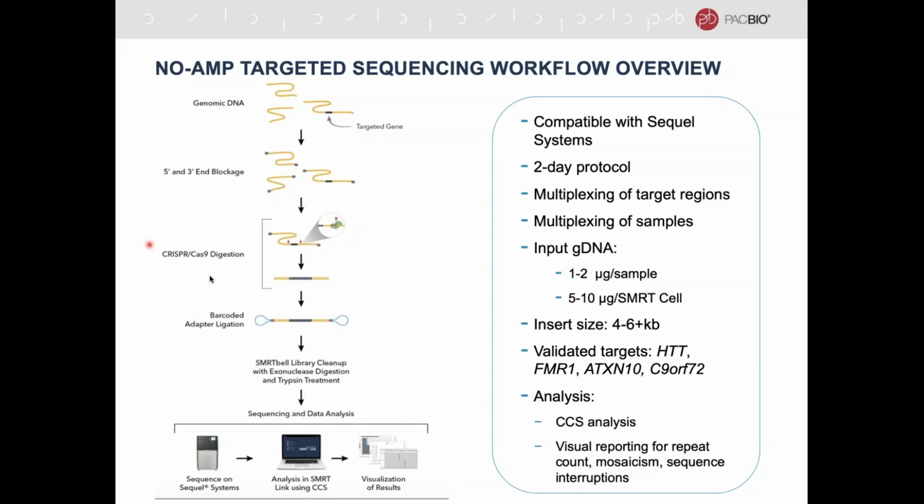Now, after this, you go into the CRISPR-Cas9 digestion step. In order for the CRISPR-Cas9 to pull out the region of interest, you need to design a guide RNA at each end of your region of interest. Then the Cas9 will come in, recognize the guide RNA, and do a double stranded cleavage.